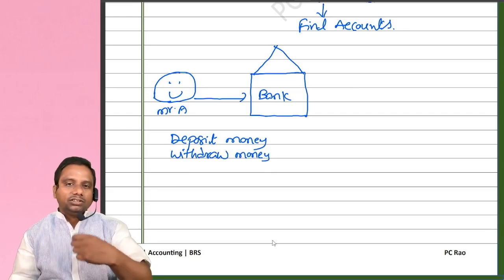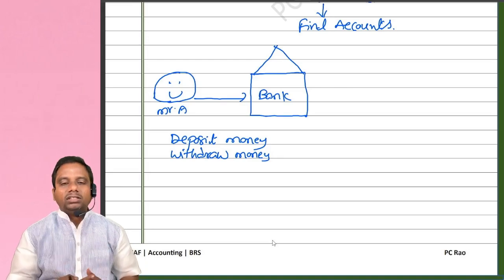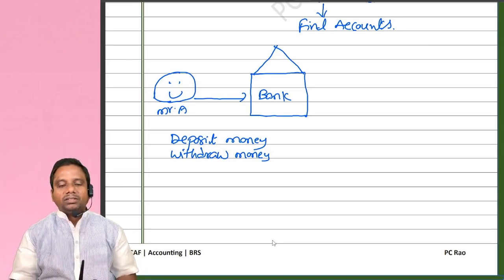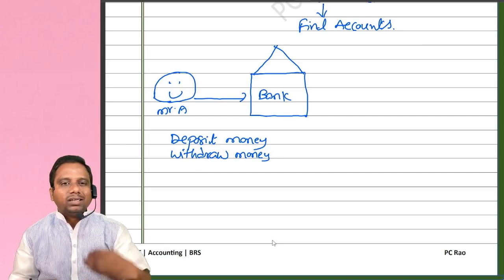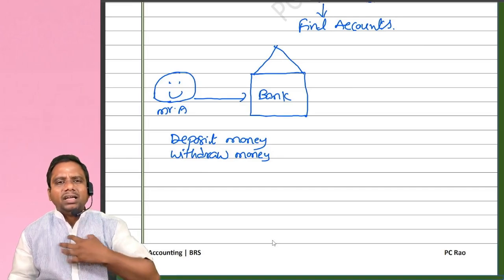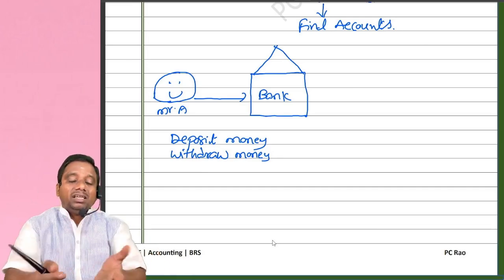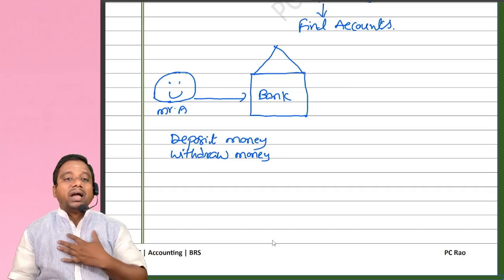Either by issuing a cheque, or by transferring money online: RTGS, NEFT, IMPS, UPI payments. He may do some UPI payments like PhonePe, Google Pay. And how can he deposit money? He can directly deposit money, or our customers may directly deposit money into our bank account.